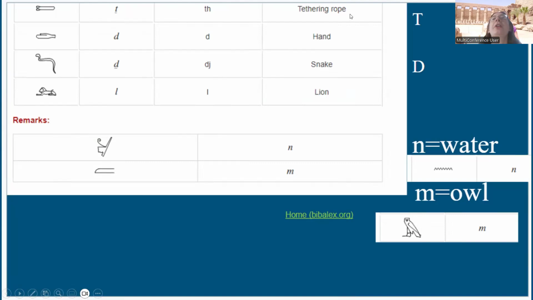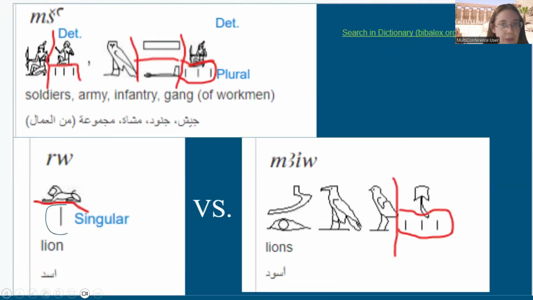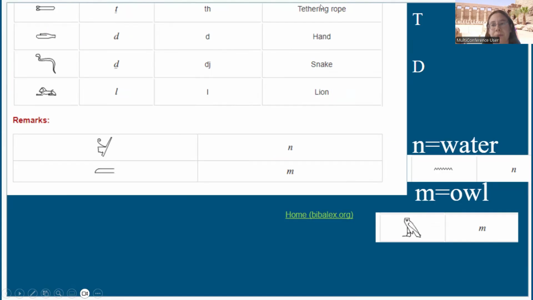So the best guess of what this is supposed to represent is a tethering rope. And this screenshot is again from that hieroglyphs step-by-step site.